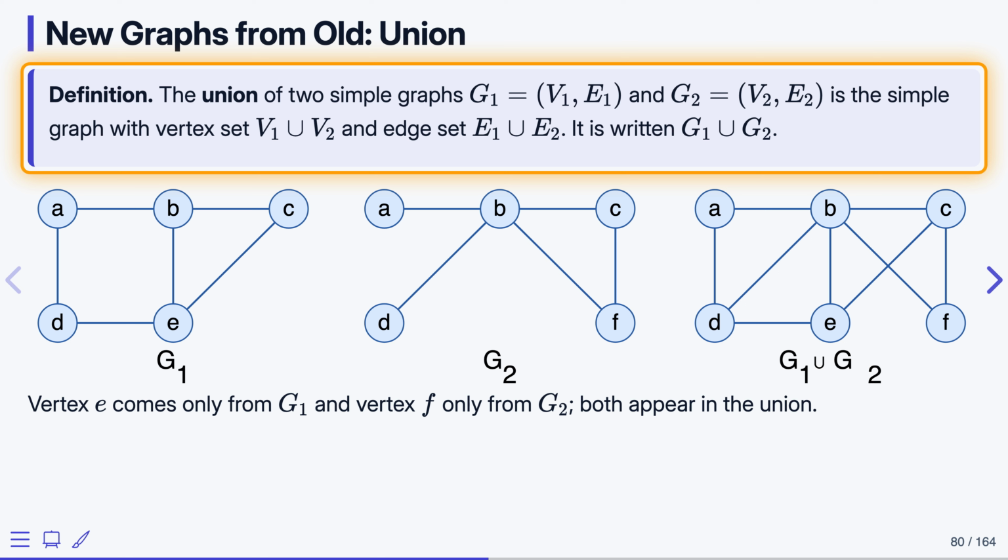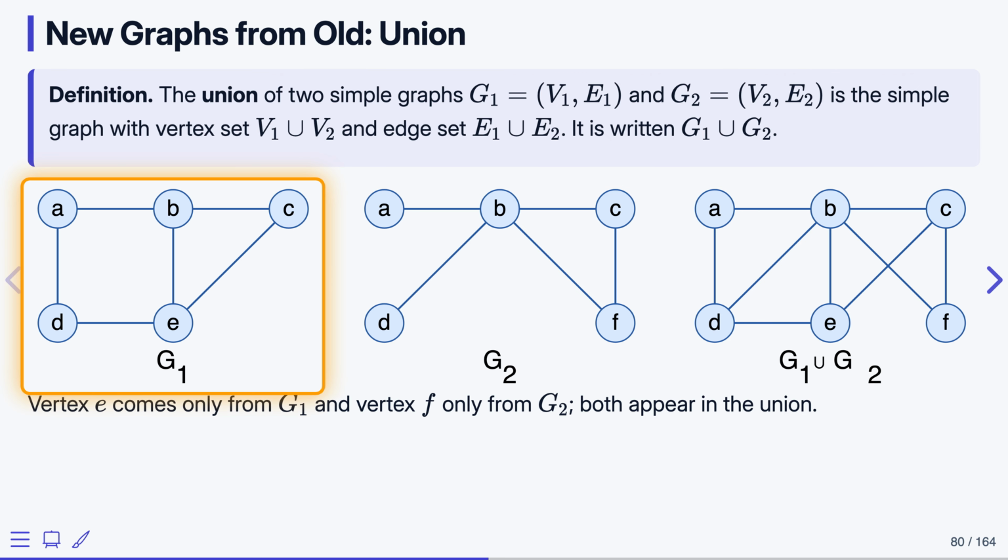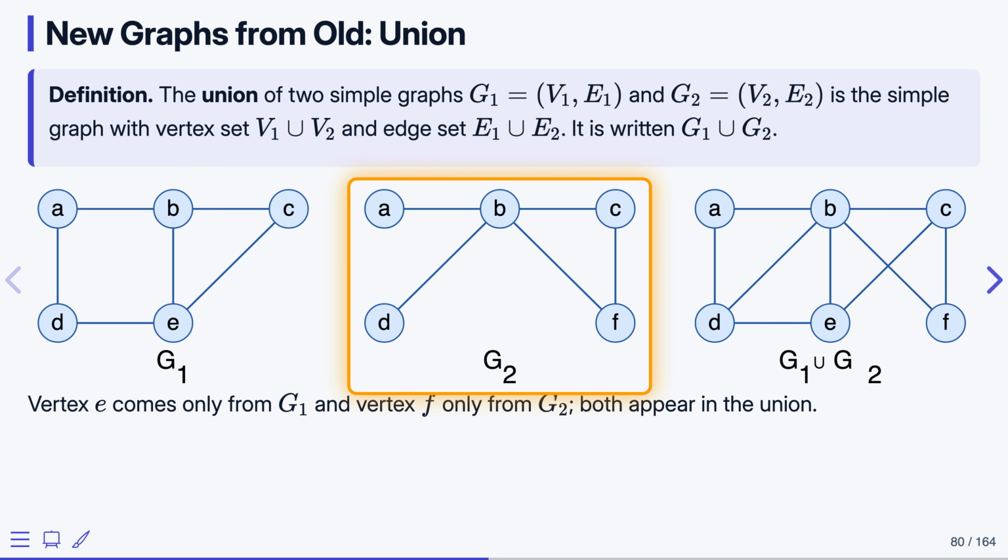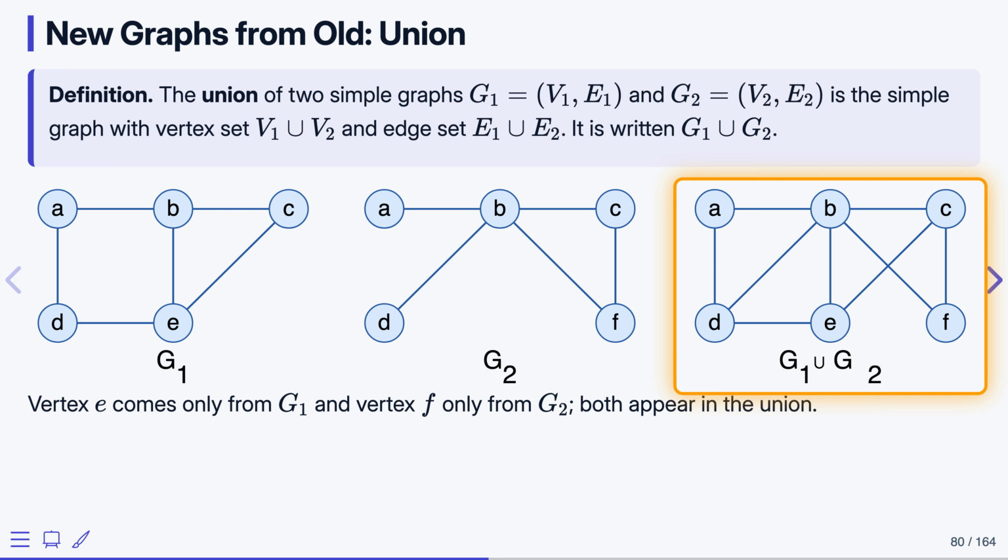One more way to build a new graph is the union. Take 2 simple graphs, G1 and G2. The union has all the vertices of both graphs and all the edges of both graphs. Look at the example. G1 uses the vertices A, B, C, D, and E. G2 uses A, B, C, D, and F. So the union has 6 vertices, A, B, C, D, E, and F, and every edge from either graph is kept.